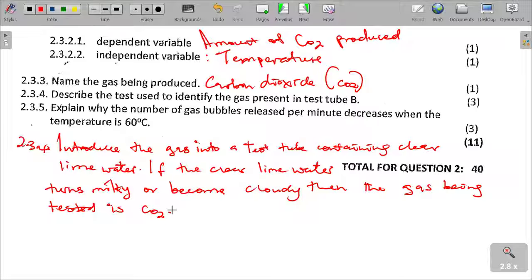Last question, on the same question, 2.3.5. Explain why the number of gas bubbles released per minute decreases when the temperature is 60 degrees Celsius.